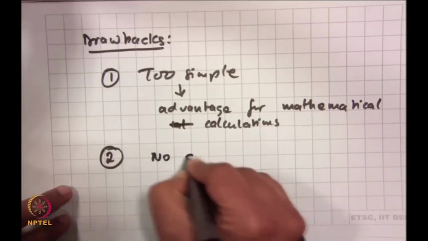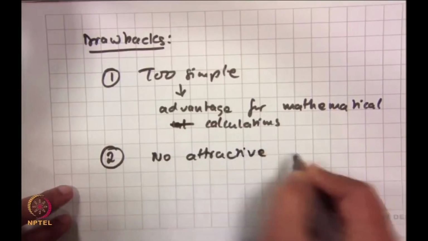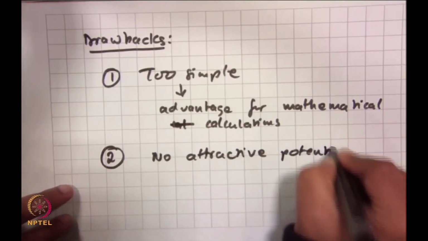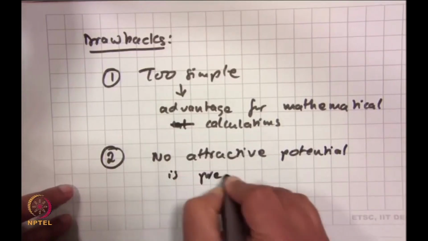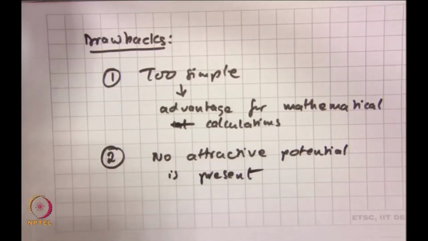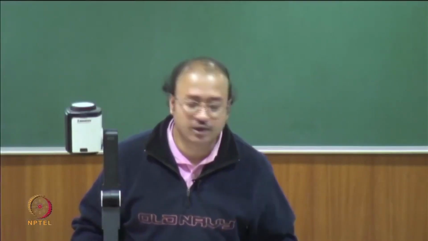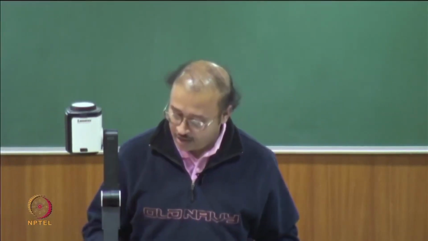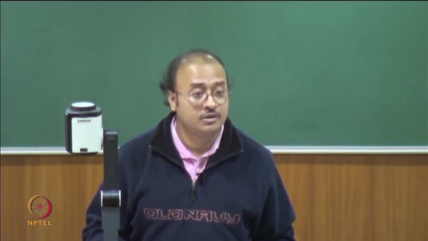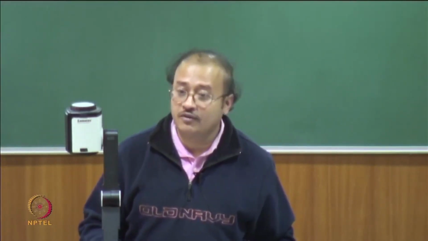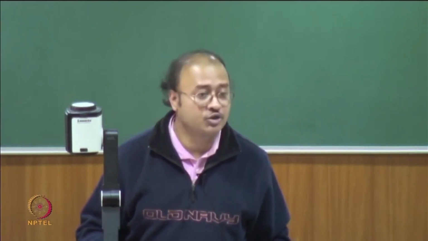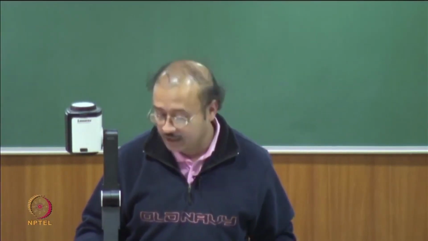Hence we can say no attractive potential is present. That is the other drawback of this. Your one is obviously too simple, which is an advantage in one sense because you can easily employ mathematical treatment with it. And number 2 is that these molecules will never face any forces of attraction between each other. Now, that is definitely a drawback.